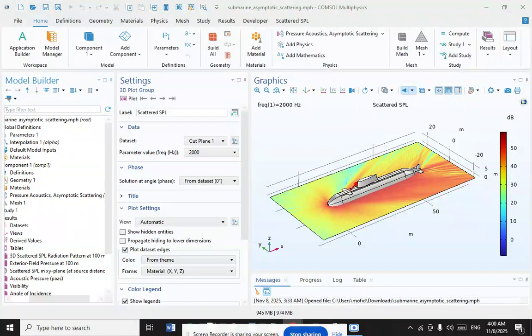The first one is a hybrid combination of waveguide modal analysis and high-frequency asymptotics. The second one is geometrical optics, or GO ray shooting. The third one is Gaussian beams, or GB shooting. And the fourth one is the generalized ray expansion, or GRE method.